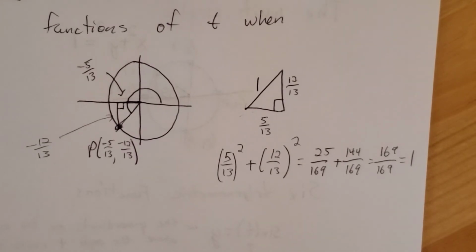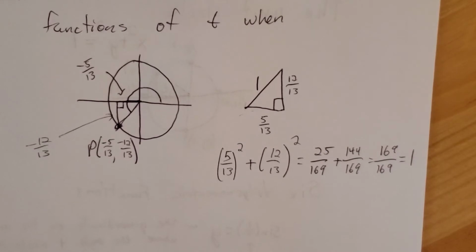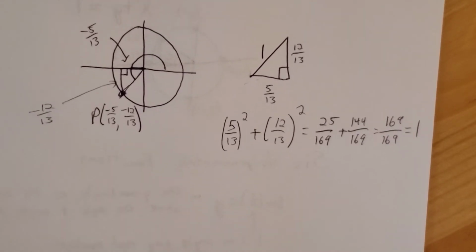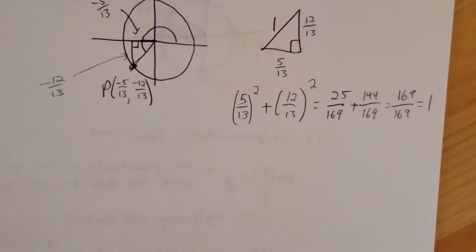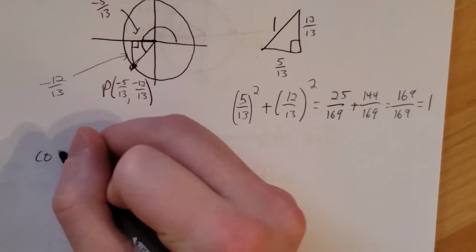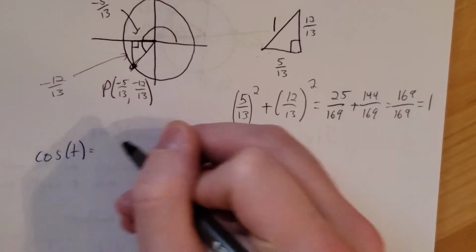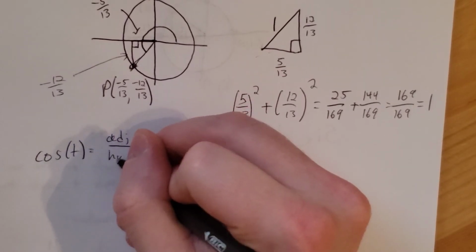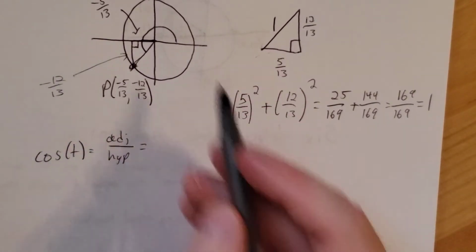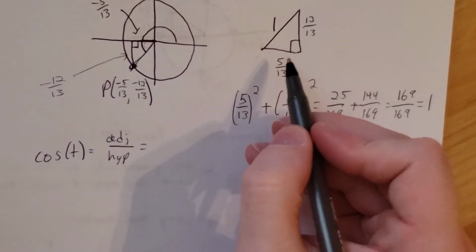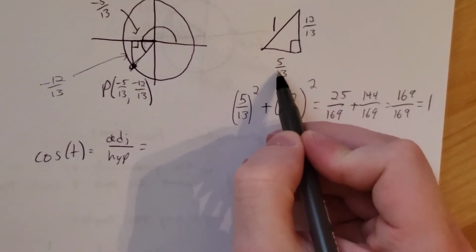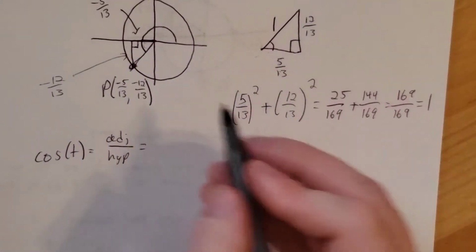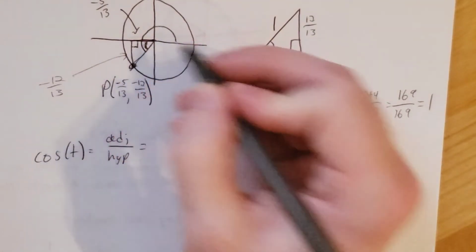So what can we do with that information then? Well, what is cosine of t? That is again adjacent over the hypotenuse. What was the adjacent side? The adjacent side was 5/13, right? This is the same angle as this angle here.